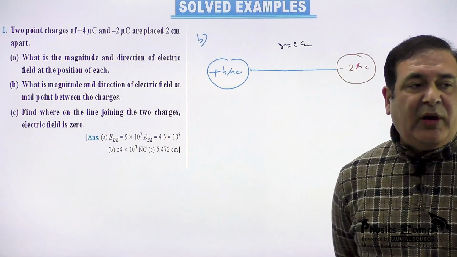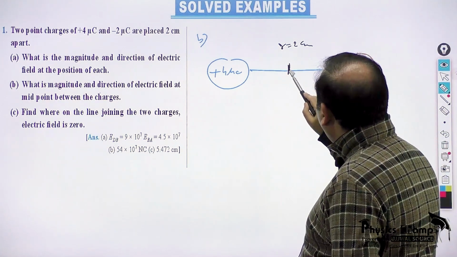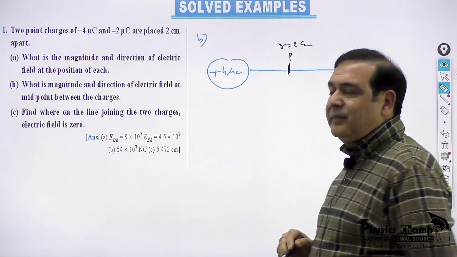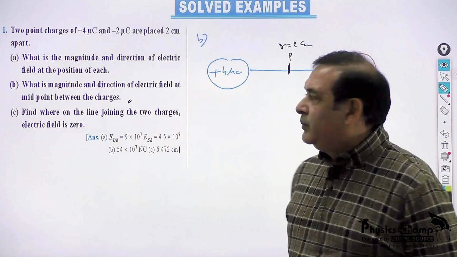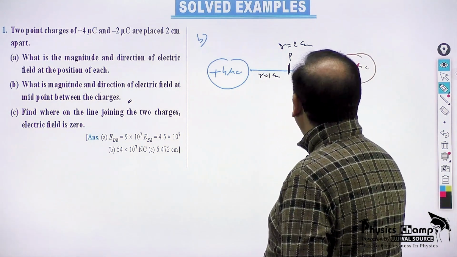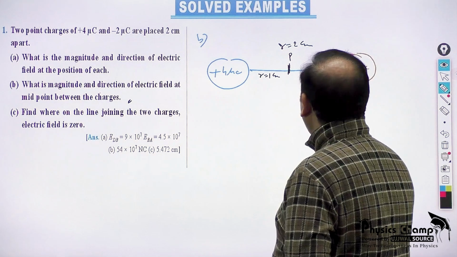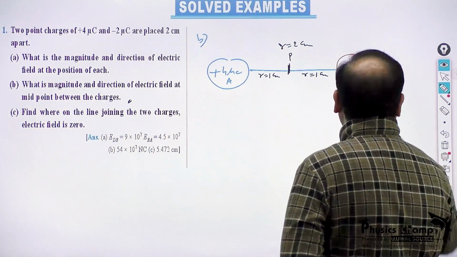But what we are looking for is the electric field at point P, which is midway between them. So obviously this part is 1 centimeter and this part is also 1 centimeter. This is A and this is B.